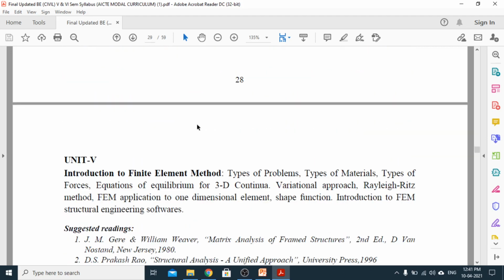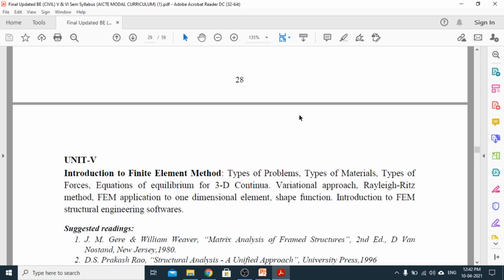Then the fifth unit consists of finite element method. So what is finite element method? Finite element method is something wherein we try to reduce the entire beam or any big structure into a small structure. Suppose for example we have a very big beam like this.